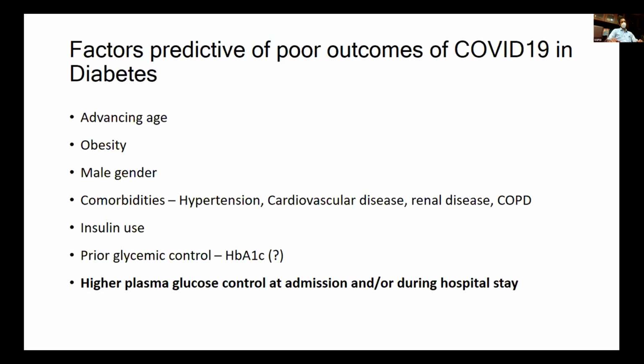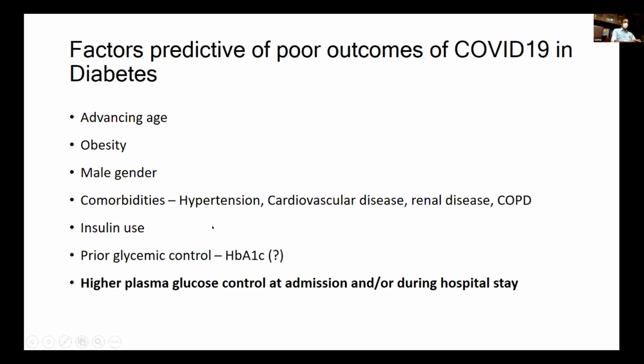So insulin use indicates they have several complications, like microvascular complications such as neuropathy and nephropathy, or macrovascular complications like coronary artery disease and stroke. The higher the duration of diabetes, the higher the chance of insulin use and the higher the complications. That is the reason they have a poorer outcome.